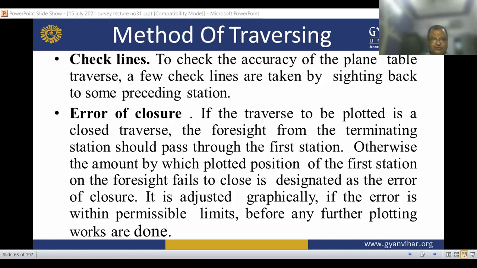Now the error of closure. If the traverse to be plotted is a closed traverse, the fore side from the terminating station should pass through the first station.